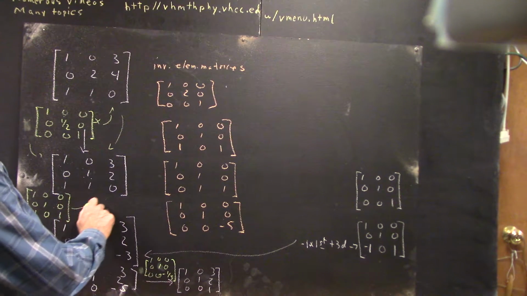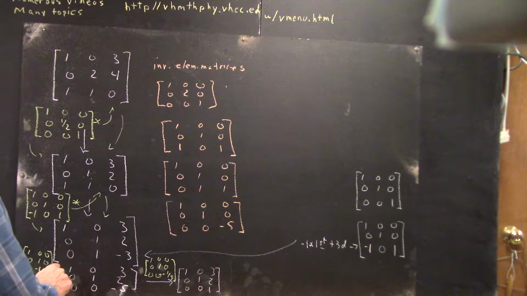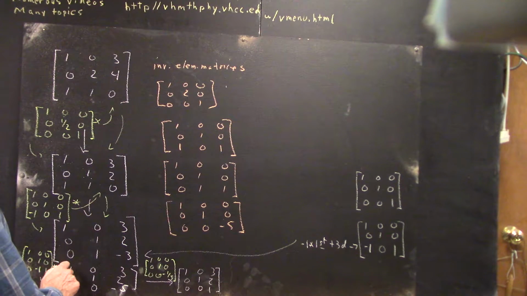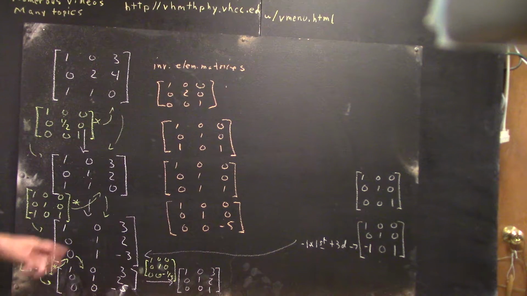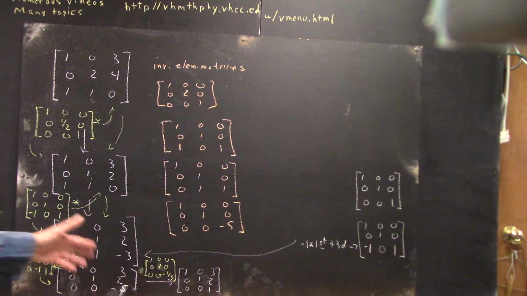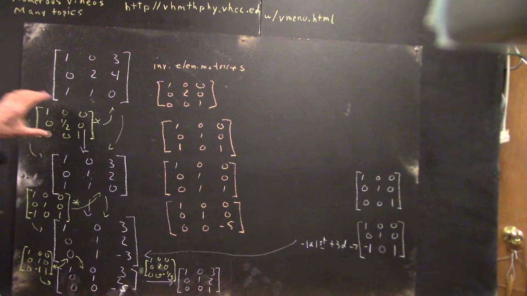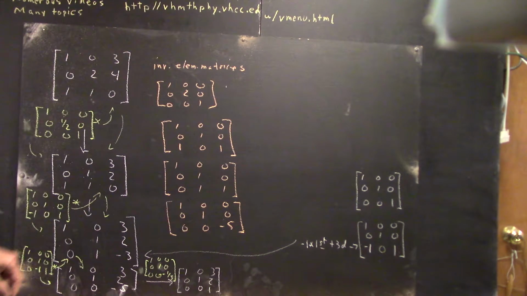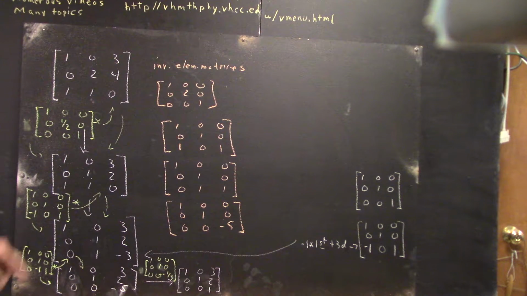And this times this will give us this. And this times this will give us this. You should understand that the arrow is referring to the whole matrix, not just to the number 0. Okay, so you can verify. Multiply this on the left by this, and it's going to cut the second row in half.